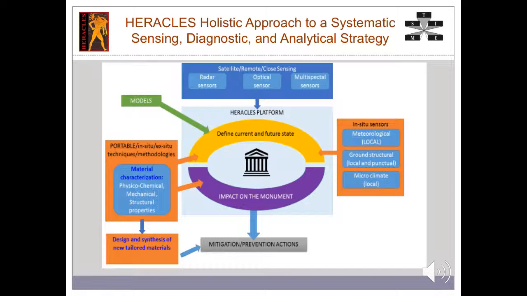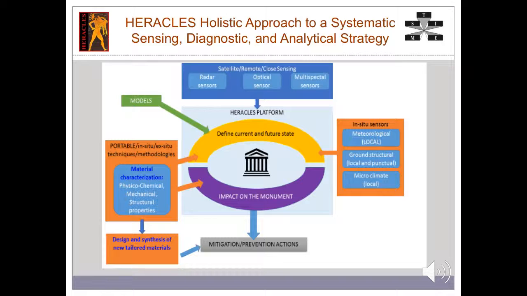Ground and structural sensors can sense the inclination of the ground, the softness of the earth, the saturation, that sort of thing. And then finally, microclimate sensors, which can be very important, an important factor in the resilience of cultural heritage sites because of the effect that these interior microclimates have on the surface materials of walls and artworks and things of that nature.